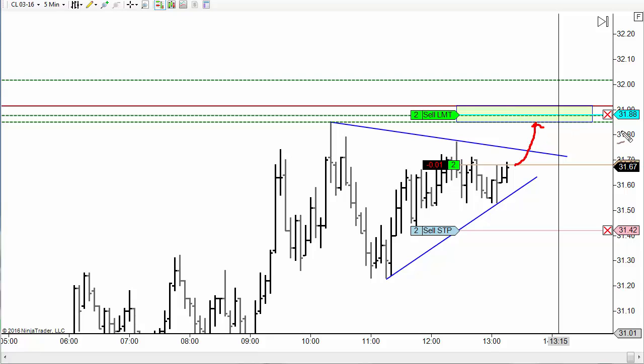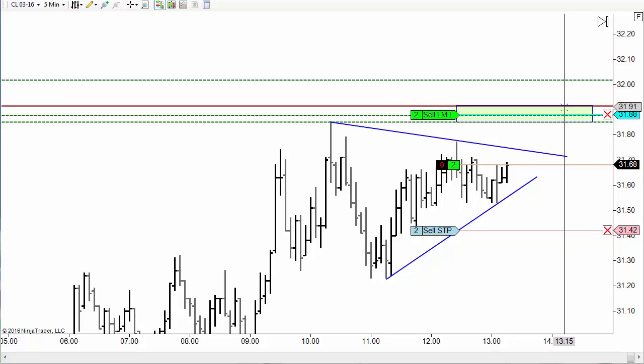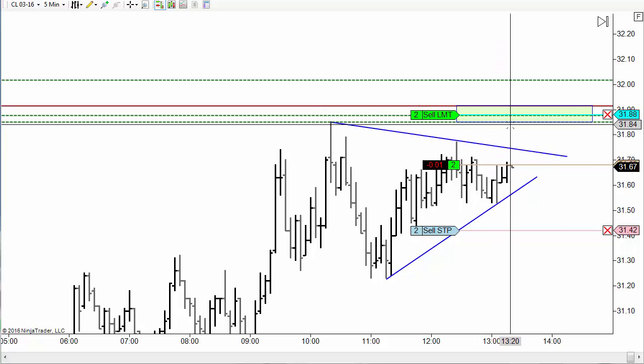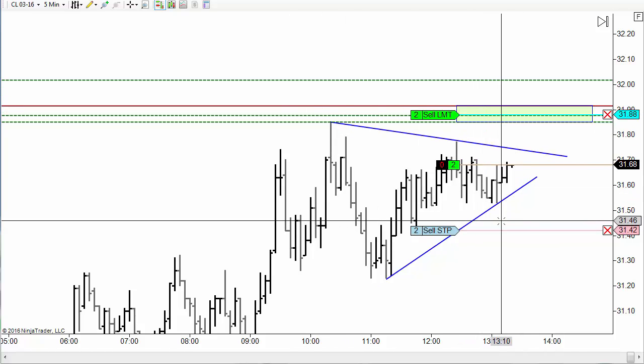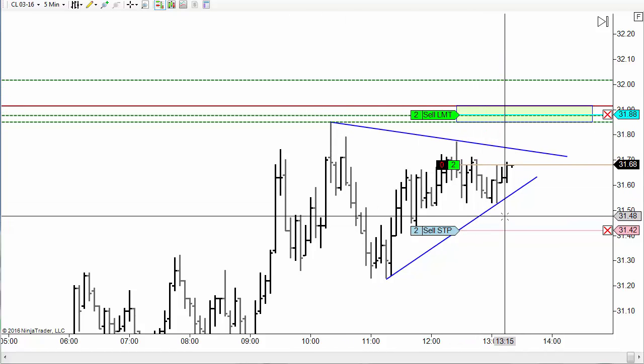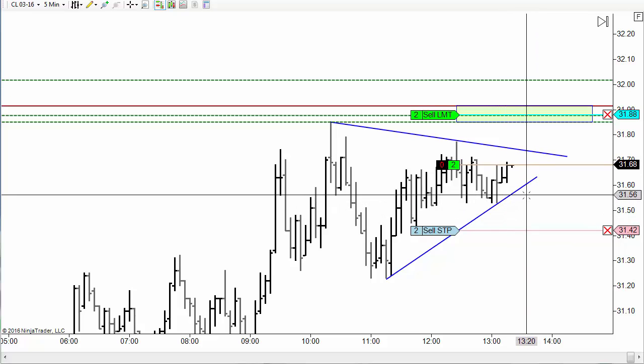I'm expecting the market to reach anywhere between the areas of 31.85 to 31.91, and the market to take a slight breather in that area, and that has been confirmed a couple of times based on the price action analysis, but also using a combination of LEOA patterns, Fibonacci's, and support and resistance on the prior levels. So we'll see if we actually nail that to the top or not.